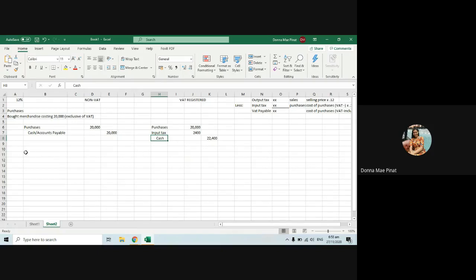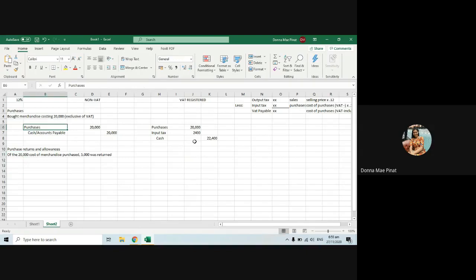Okay, so how about if there are returns? Let's try purchase returns and allowances. For example, of the 20,000 merchandise purchased, 5,000 was returned.